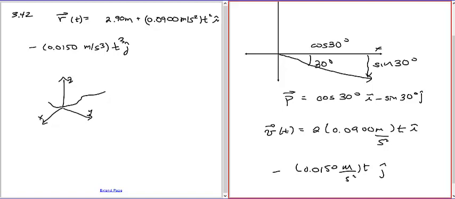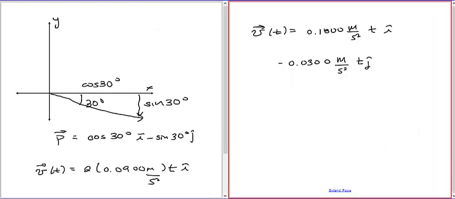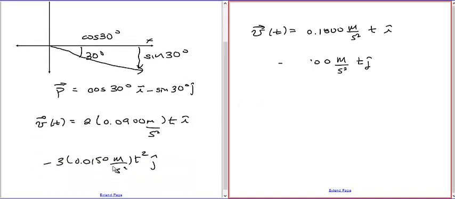Now when I take the derivative of this, I'm going to get 3 times that constant times t squared. So 3 times 0.015 is 0.0450, and this is t squared.